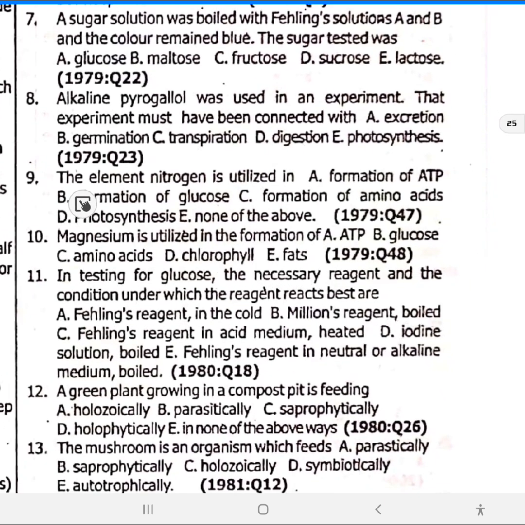Next question, number 9. The element nitrogen is utilized in formation of ATP, formation of glucose, option C, formation of amino acid. Nitrogen is the main component of protein. Protein contains nitrogen. Next, also sulfur.